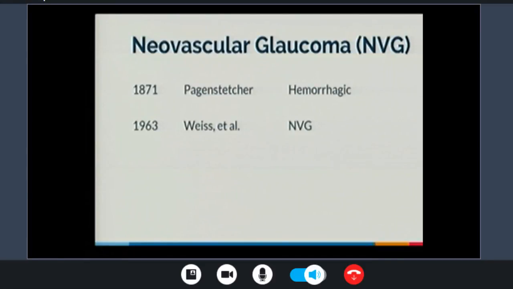much it may rupture. So they thought this type of glaucoma or pressure elevation is due to presence of blood in the anterior chamber.